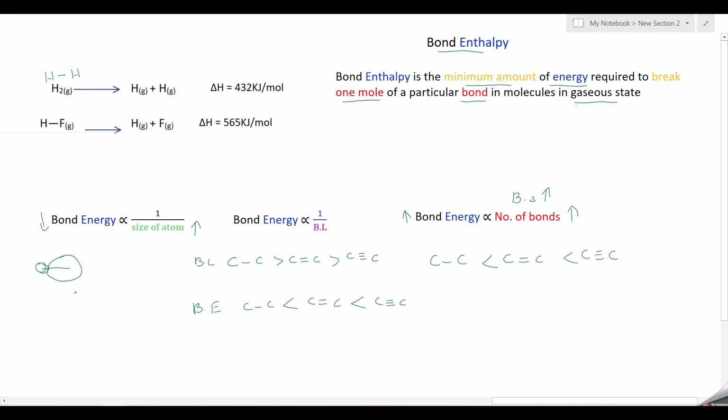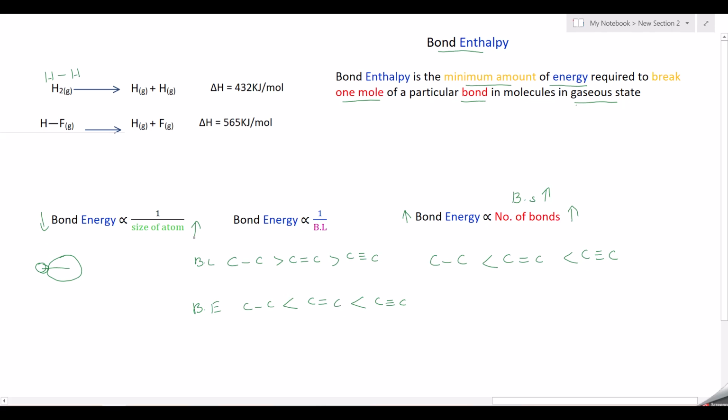When you have a smaller bond length, then it is very difficult to break. So as the size of the atom increases, it will become a larger atom. Therefore, bond length increases. Therefore, the bond energy will become less. Because if the bond length increases, then it is very easy to break the bond by spending less energy. Therefore, the bond energy decreases.